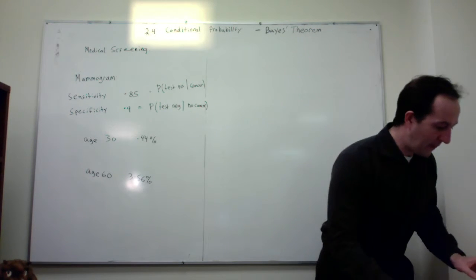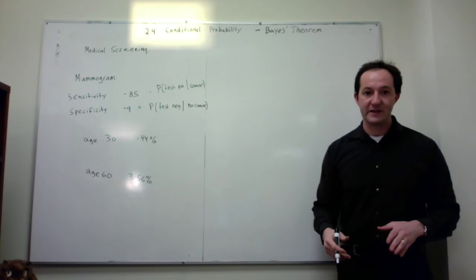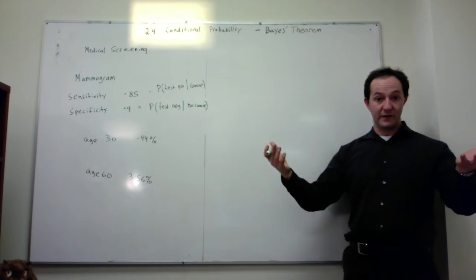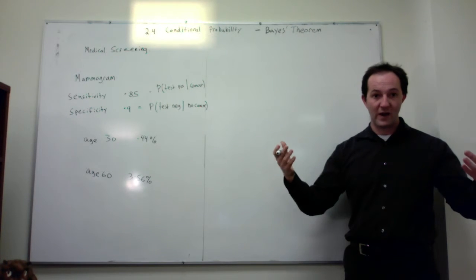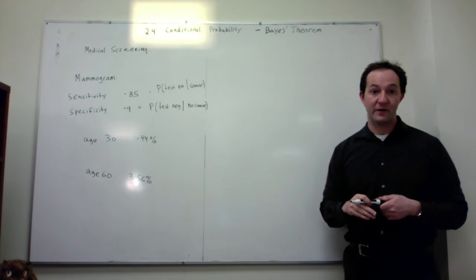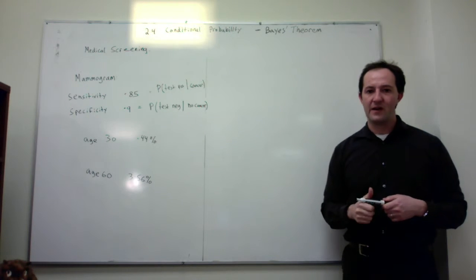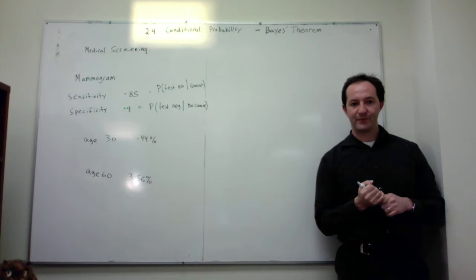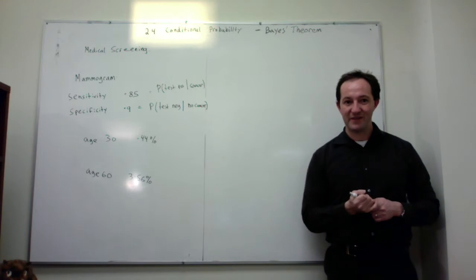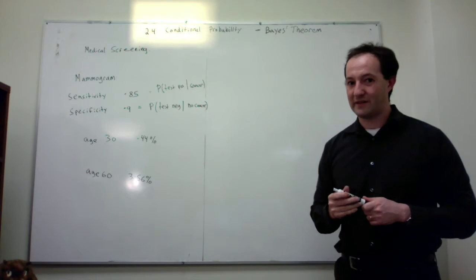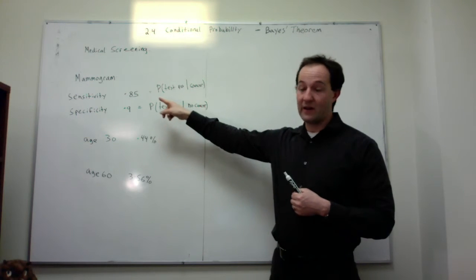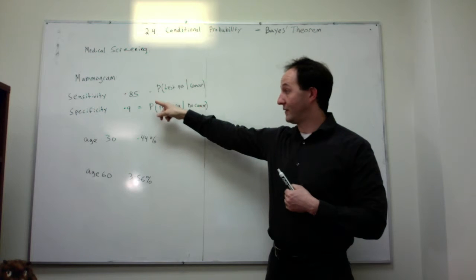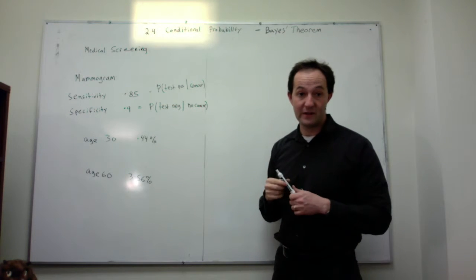Okay, so an important question is, if a given person goes into the doctor's office and has a mammogram and they test positive, I can ask the question, what is the probability that that person actually has cancer? Now that may seem silly because, well, if they test positive, they have cancer, right? Not necessarily, because the test is not 100% sensitive and it's not 100% specific.